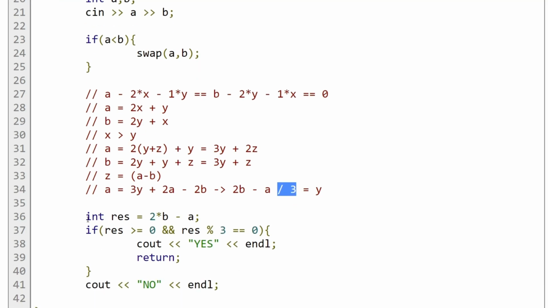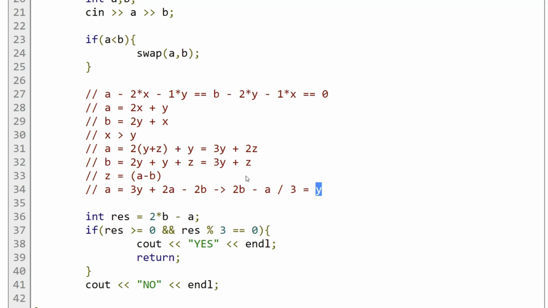So here we get this result into a variable, which I call res. So 2 times b minus a, and now we need to check if this res, first of all, needs to be greater or equal to 0, okay? Because we cannot have a negative y here, so the number of first type moves cannot be negative, okay?